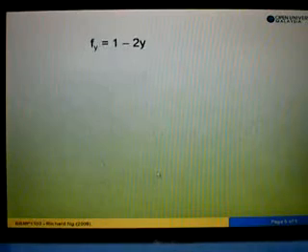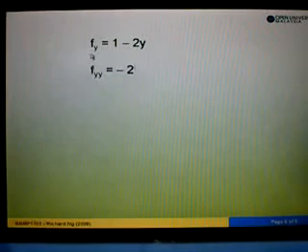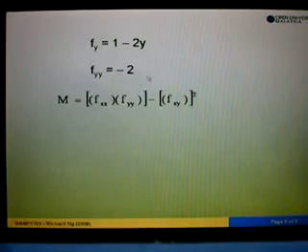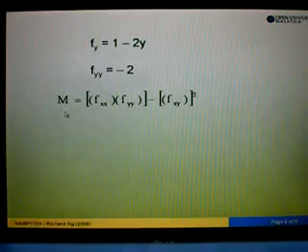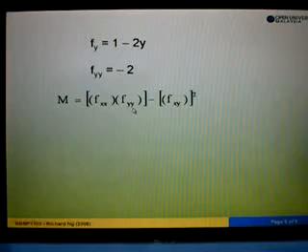Alright? Then we find fy, which we have found earlier in part 1. fy is equal to 1 minus 2y. So we need to find what is fyy. So differentiate this function compared to y. So negative 2y will give us negative 2. Alright, so from here substitute into the formula M equals fxx times fyy minus fxy squared.